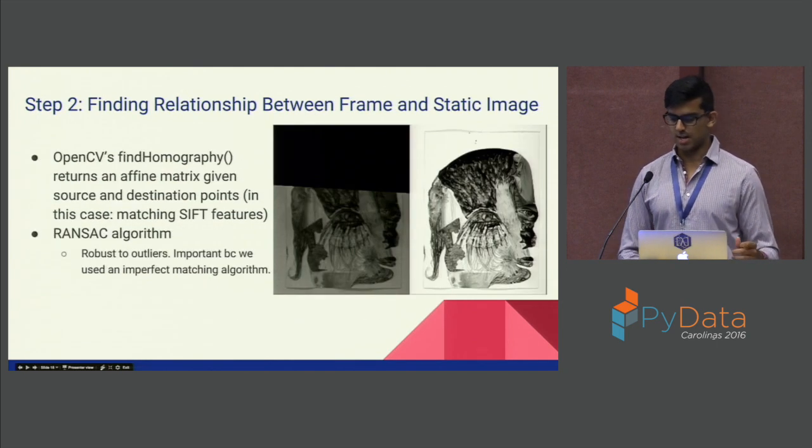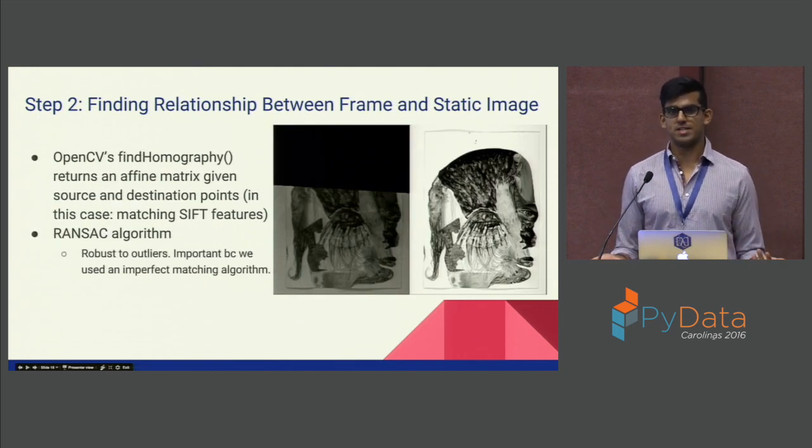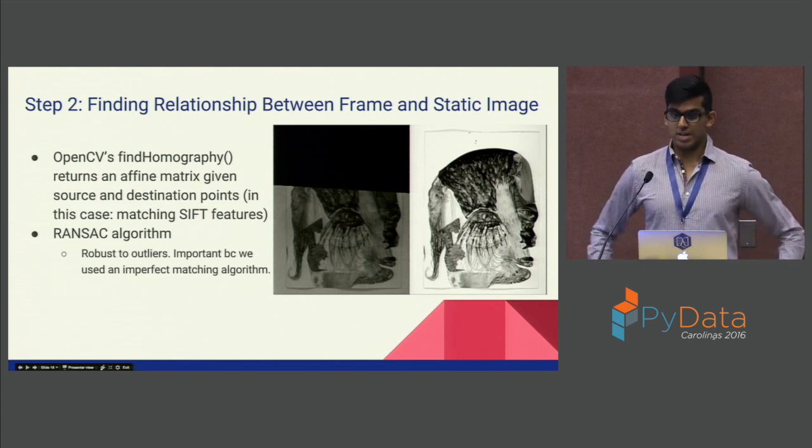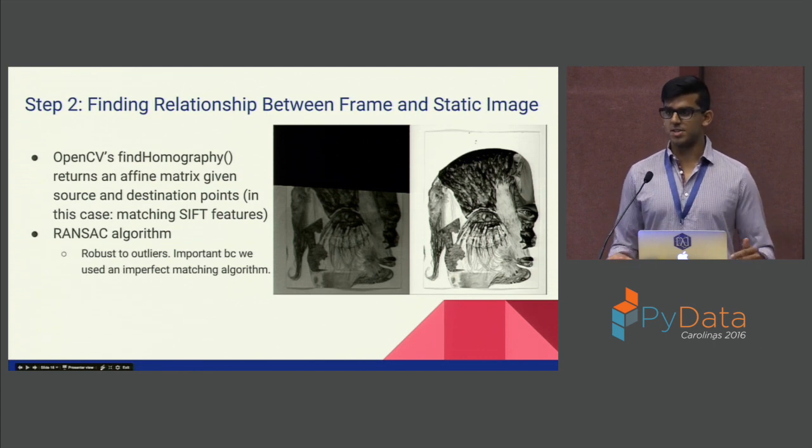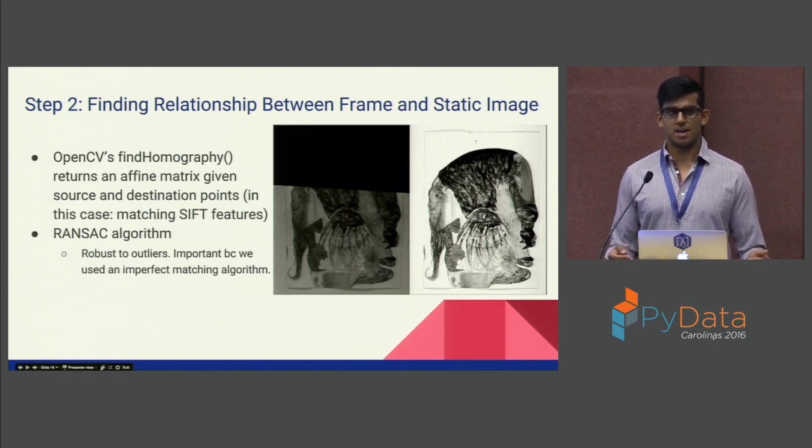What RANSAC does is that it's robust to outliers. So we can use our approximate nearest neighbors algorithm because it's going to be accurate most of the time. And when it's not accurate, when we're finding the homography matrix, the affine matrix, this RANSAC method will ignore those outliers.